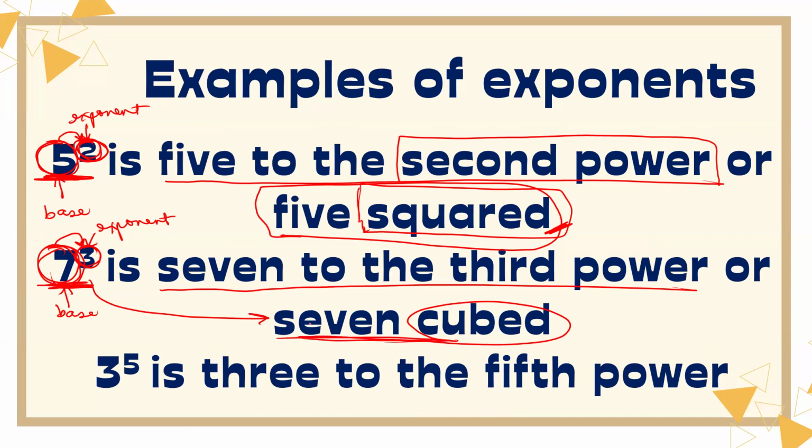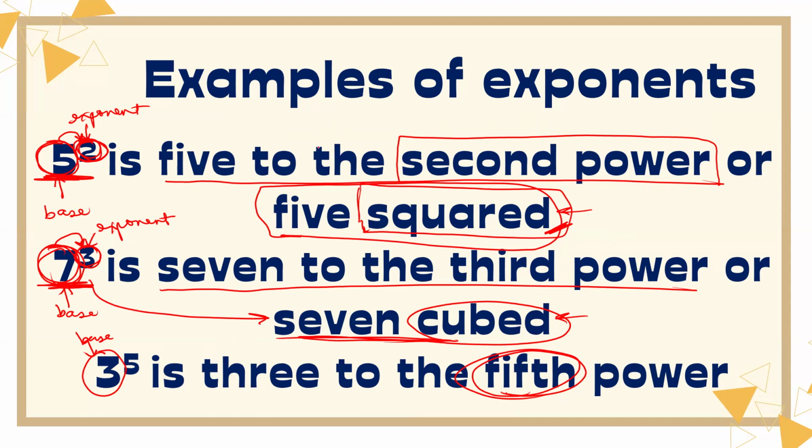Now, any number raised to 4, 5, or 6 would be read as the base to that power. If the exponent, as I've said, is 4 and above, we usually mention the number already. I do not know of any shortcuts or any other way of calling exponents above 3.